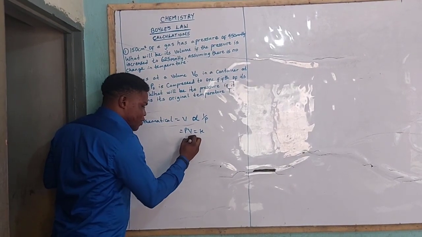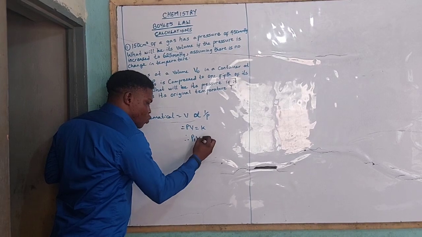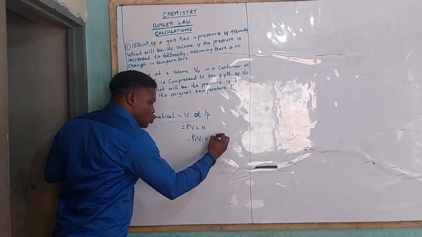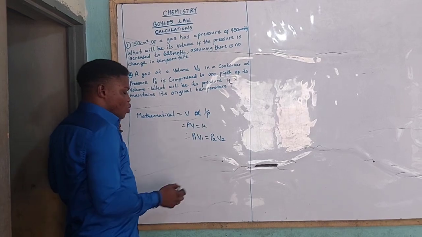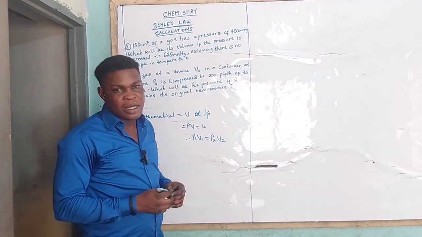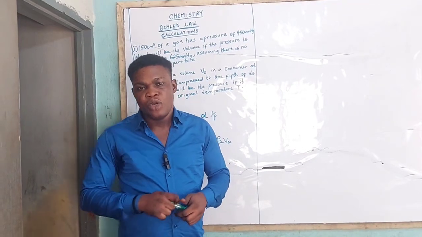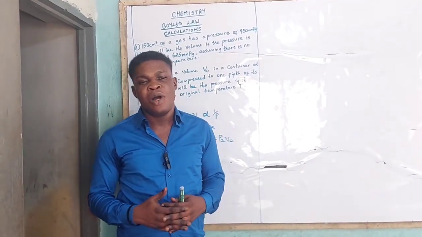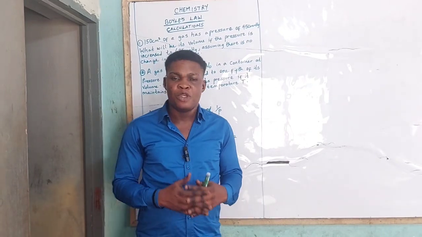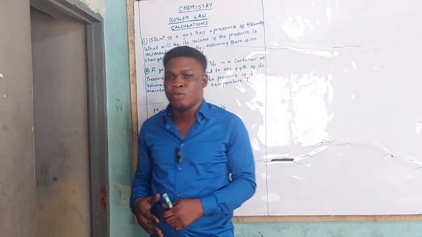Therefore, Boyle's law is P1 V1 equals P2 V2, where K remains constant, do not forget that. P is the pressure, V is the volume. P1 represents the initial pressure and V1 the initial volume, P2 is our final pressure and V2 is our final volume.